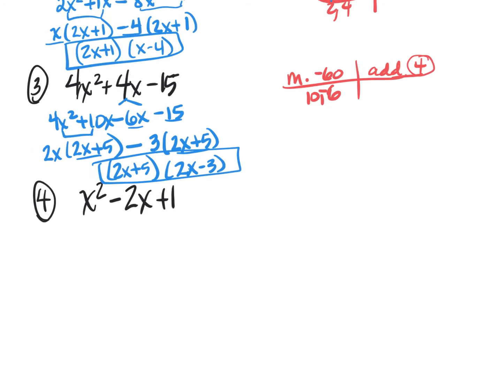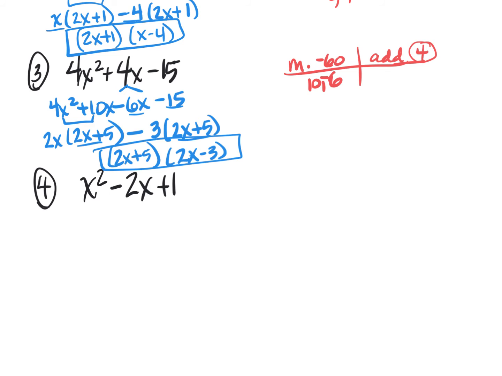All right, let's try one more before we get to some stranger ones. Number 4, two numbers that multiply to 1, okay, that's a weird one, but multiply to 1, but add to a negative 2. Well, there's only one thing that multiplies to 1. It has to be 1 and 1, right?